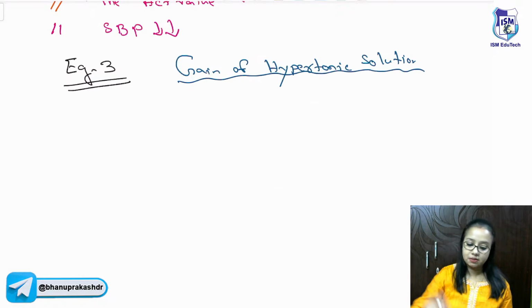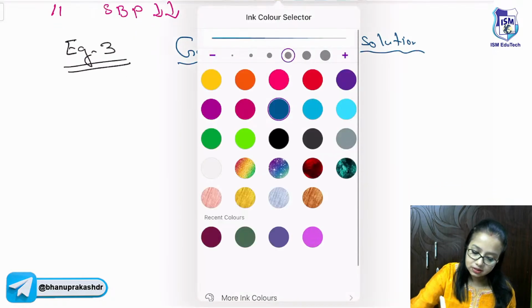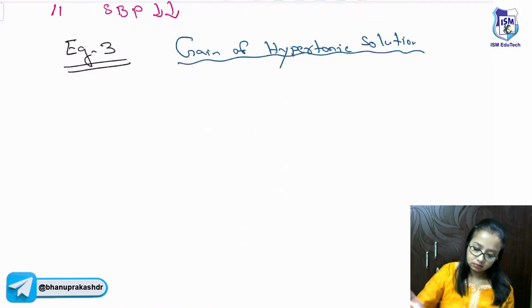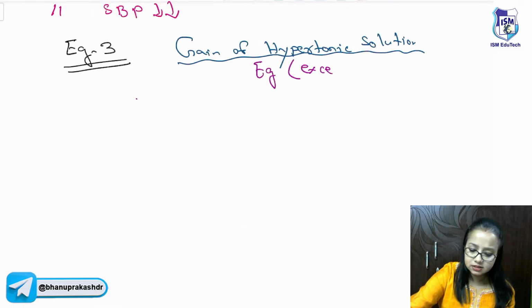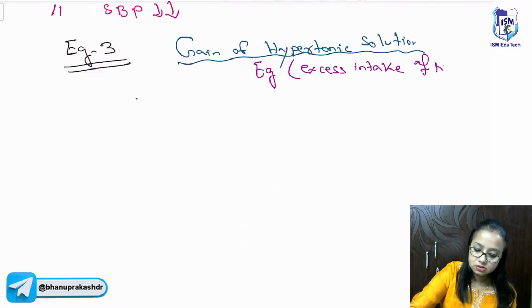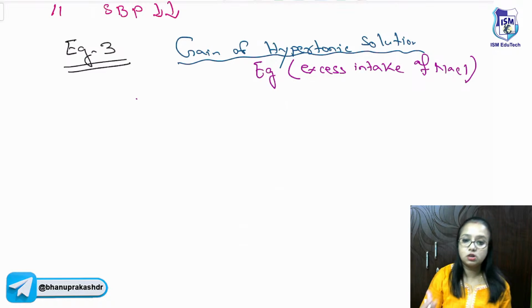If we draw out the compartments, gain of hypertonic solution, say for example, excess intake of sodium chloride. So, in a solution, if there is excess of sodium chloride and we are taking it in, excess of sodium chloride means sodium and chloride, it's a salt. That means it is more in quantity compared to the water.